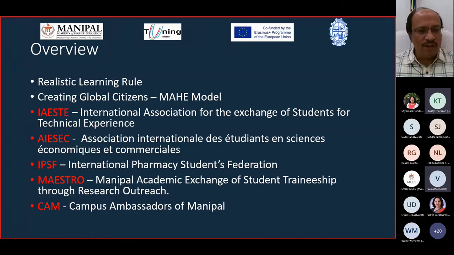In my presentation, I will be talking a little bit about a learning rule, a realistic learning rule, and a Manipal model or a MAHE model, creating a global citizen. And I will be presenting about 4 different sections or student organizations where we are associated closely and we have observed them growing in a different way.